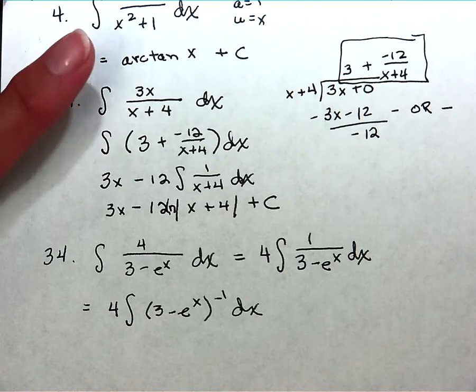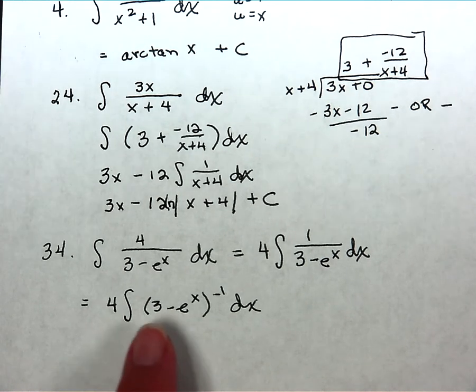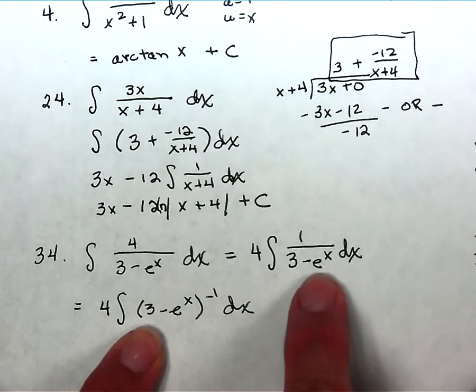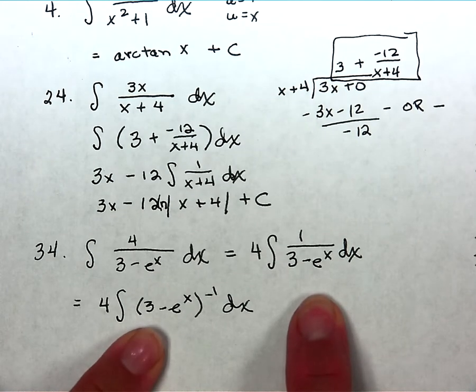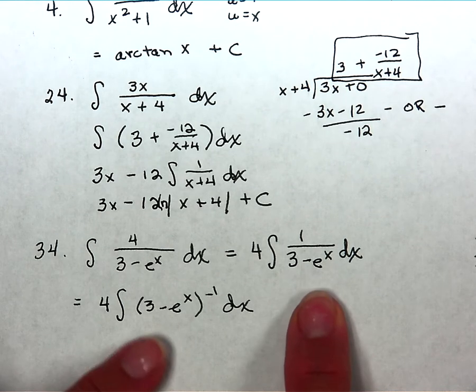That's when I think, well, that would just be natural log of the absolute value of 3 minus e to the x, if I had another e to the x with the dx. So writing it this way didn't really help me because I have the same problem now that I had right here. Yeah, but if you think it'll help your eyeballs, then write it differently.